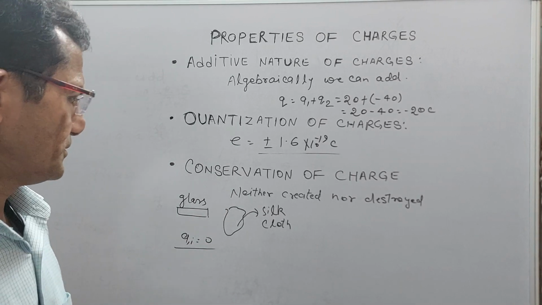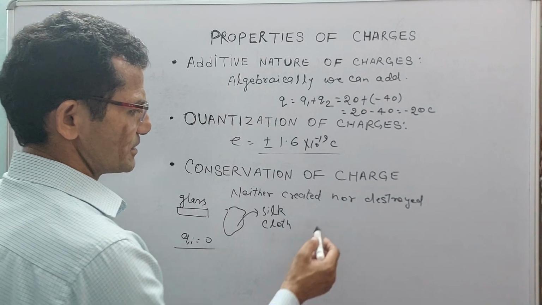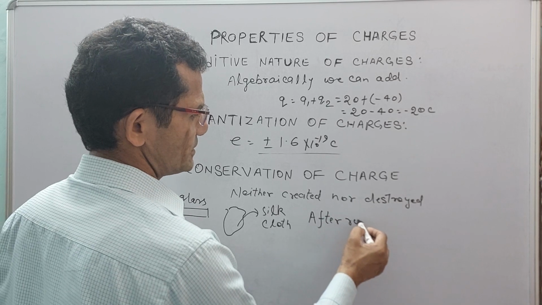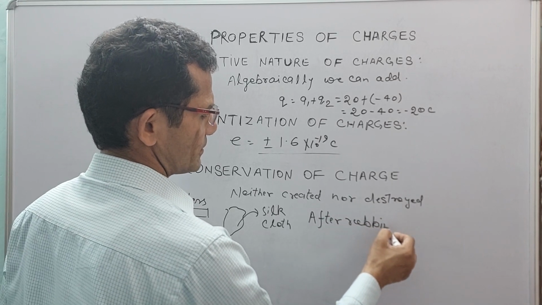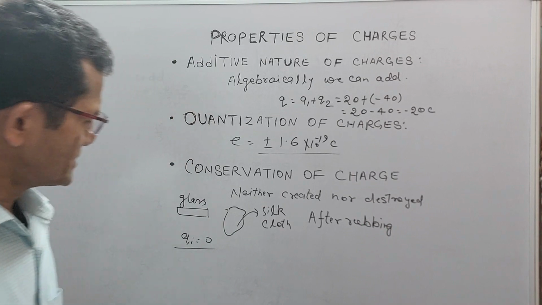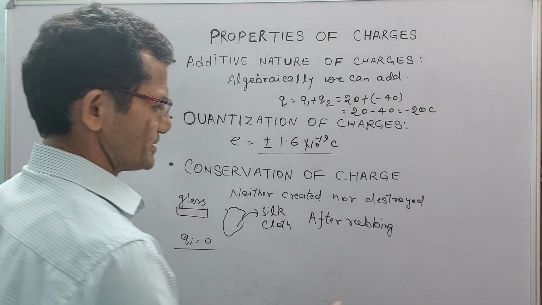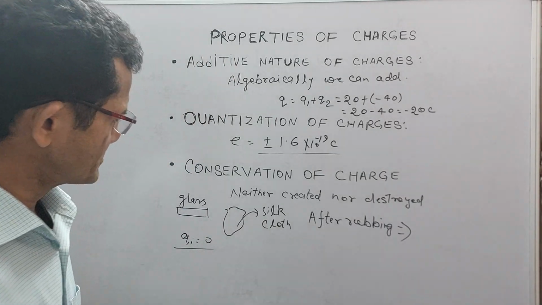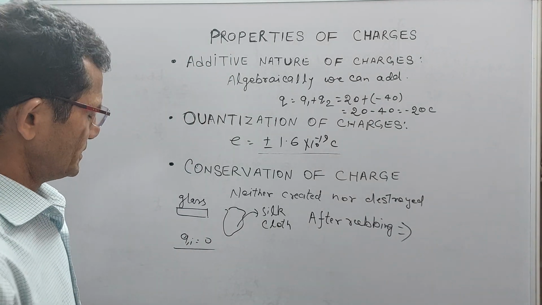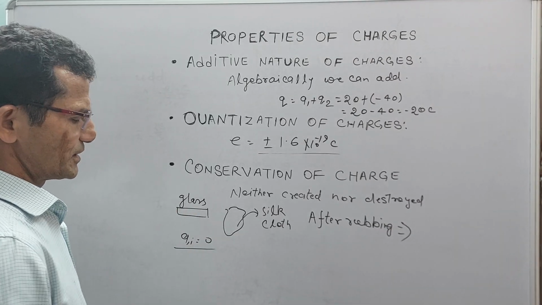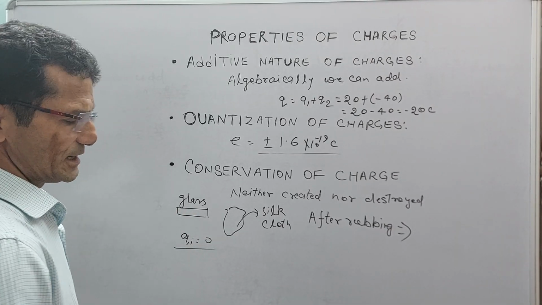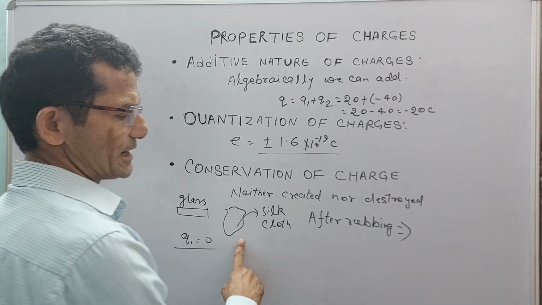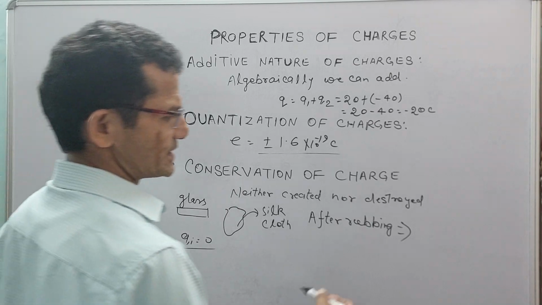When we rub them after rubbing each other, we see that these two objects get some charges. Glass transfers some electrons to the silk cloth, and since silk is initially neutral, by gaining electrons the silk becomes negatively charged.